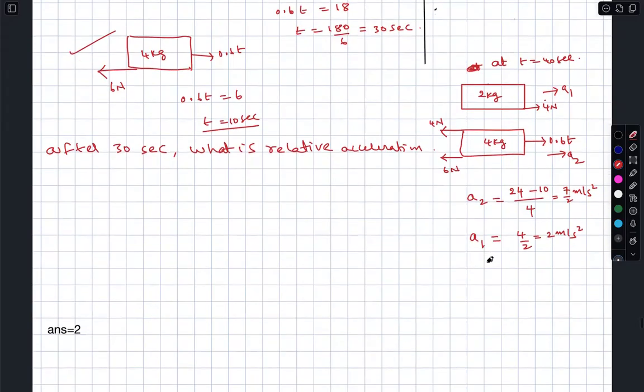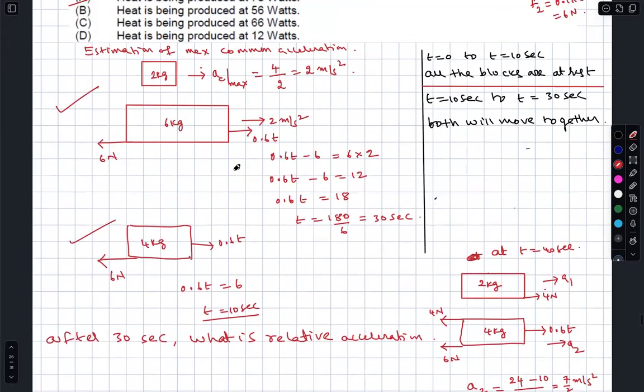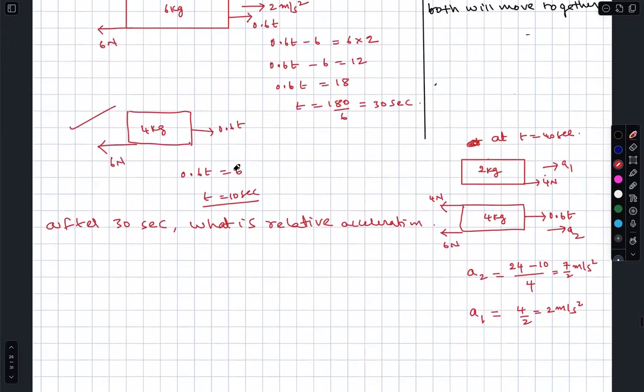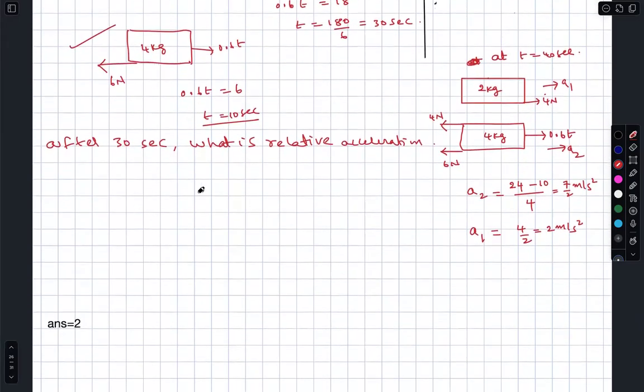Now, I want at t equal to 30 seconds, what is the picture? As a whole, the entire system of 6 kg will now have some common velocity because there is no relative slipping in between. We told that.